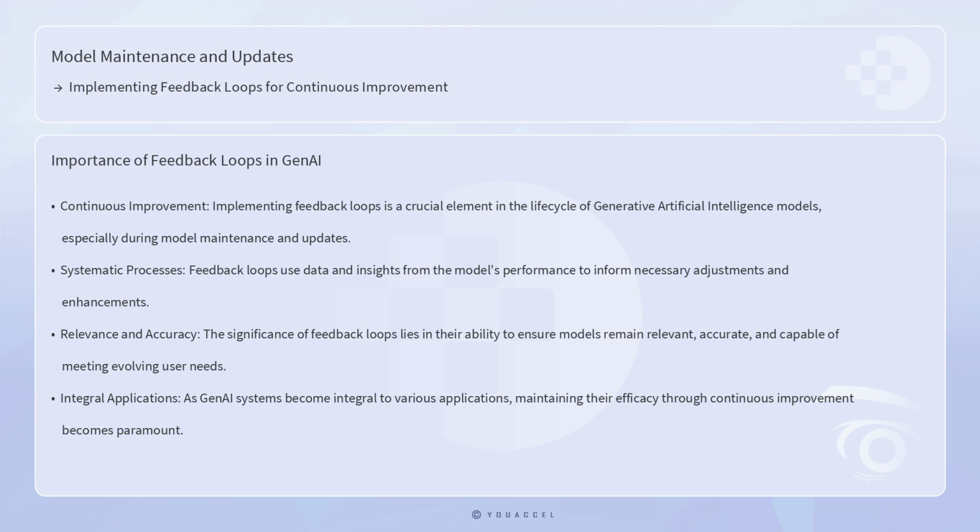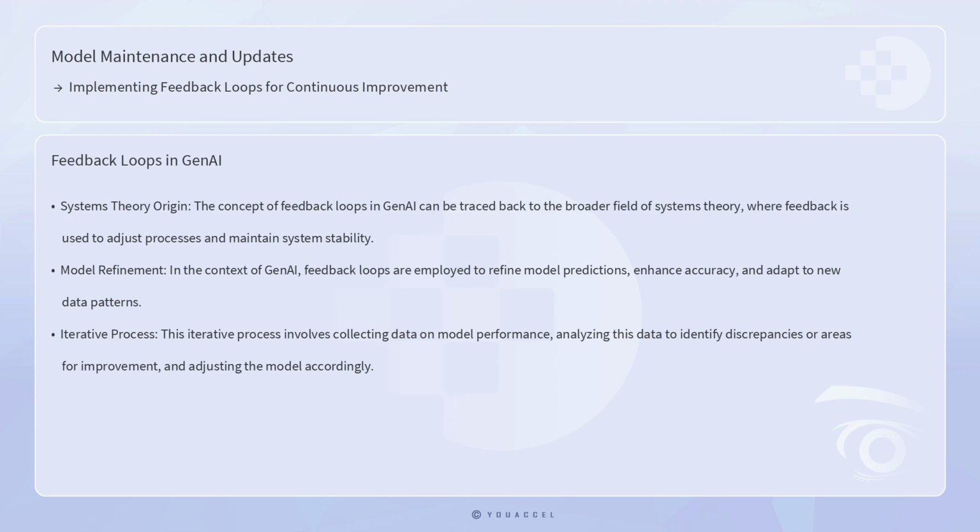As GenAI systems become increasingly integral to various applications, maintaining their efficacy through continuous improvement becomes paramount. The concept of feedback loops in GenAI can be traced back to the broader field of systems theory, where feedback is used to adjust processes and maintain system stability. In the context of GenAI, feedback loops are employed to refine model predictions, enhance accuracy, and adapt to new data patterns.